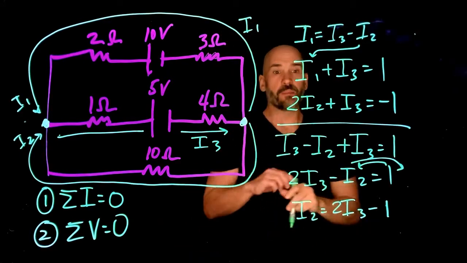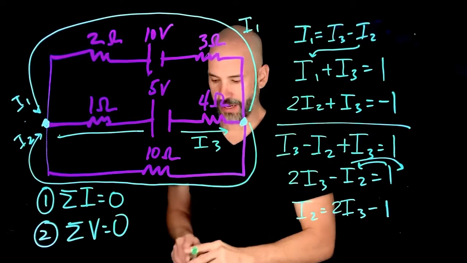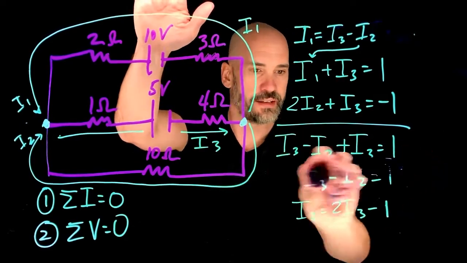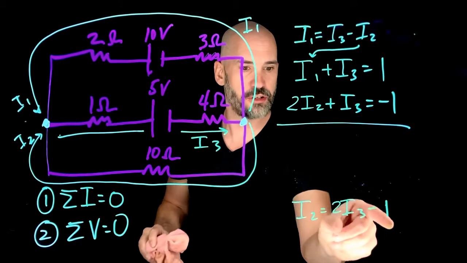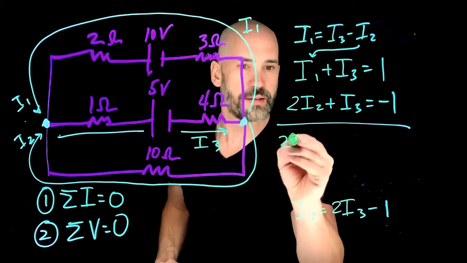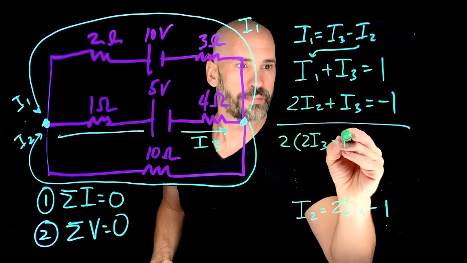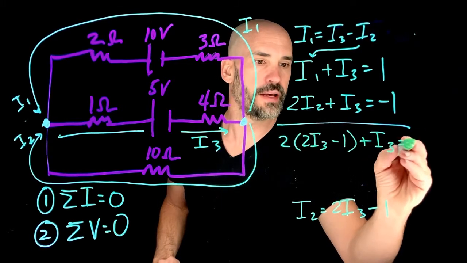But now I can very beautifully put this into here. Make that very simple. I'm going to put this value in for the I2 over here. So I get 2 times 2I3 minus 1 plus I3 equals negative 1.